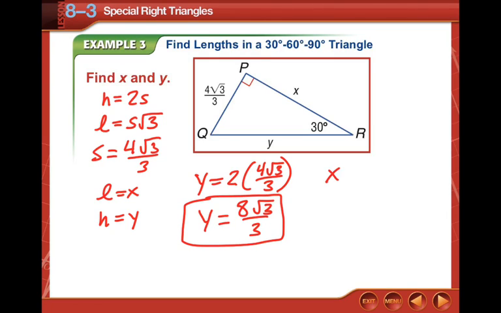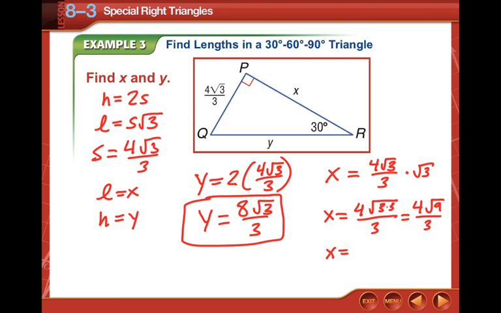X, which is L, is equal to S, so 4 square root 3 over 3 times square root of 3. So now, just like we did before, we can multiply what's inside of the square root together. So we get x is equal to 4 square root of 3 times 3 over 3, which is 4 square root 9 over 3.